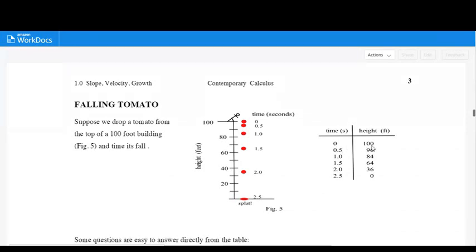So nag-start ka, so nasa 100 feet yung height mo kasi nasa 100-foot building ka. And then after 0.5 seconds, 96 feet na lang yung height ng tomato. And then after 1 second, 84 na lang, 1.5, 64. After 2 seconds, 36. And then nag-drop na talaga siya sa ground after 2.5 seconds.